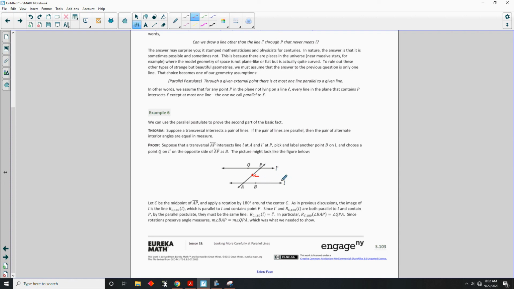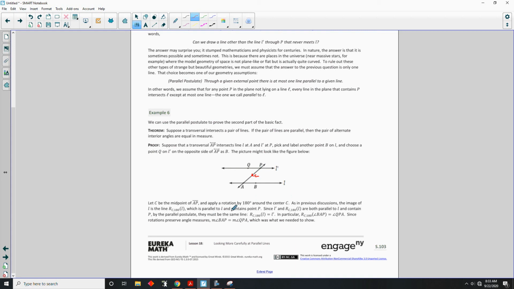So in other words, you cannot rotate L around C and have P on the rotation L prime unless the lines are parallel. If you rotate it, it's parallel, it has to go through P. That is the only location. It cannot be closer, it cannot be further, is what this is saying.